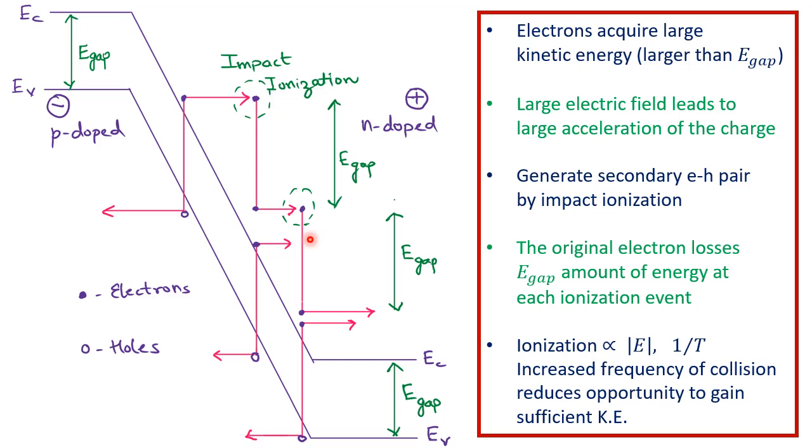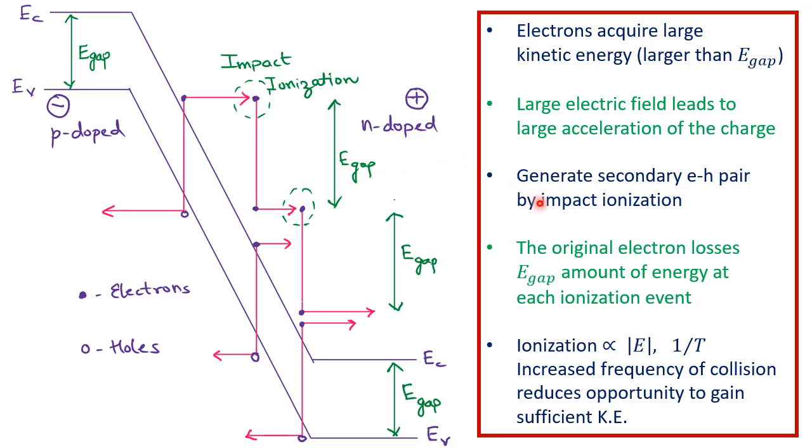And you see there are APDs in which both electrons as well as holes can create this impact ionization. Some are largely dominated by electrons, but all of this depends on the material which is used. I'm really not getting into that detail, but this whole business of ionization, dealt with carefully, is very instructive.